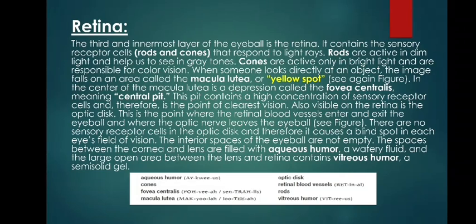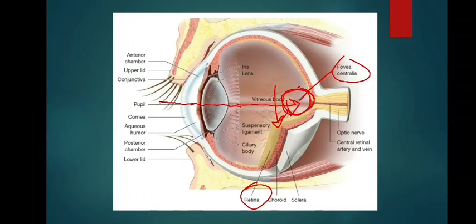The interior spaces of the eyeball are not empty. The space between the cornea and the lens is filled with what we call the aqueous humor.